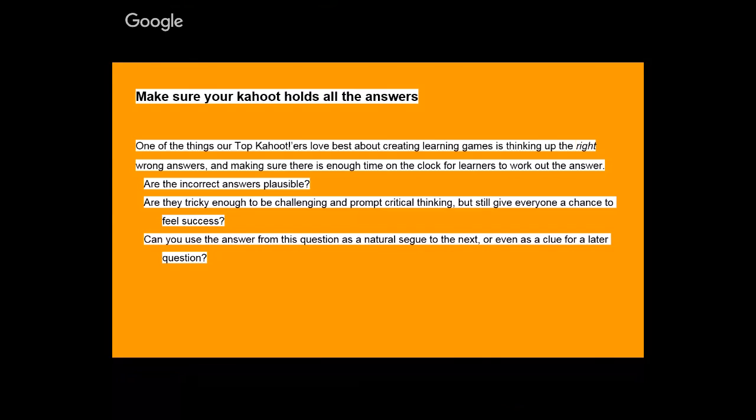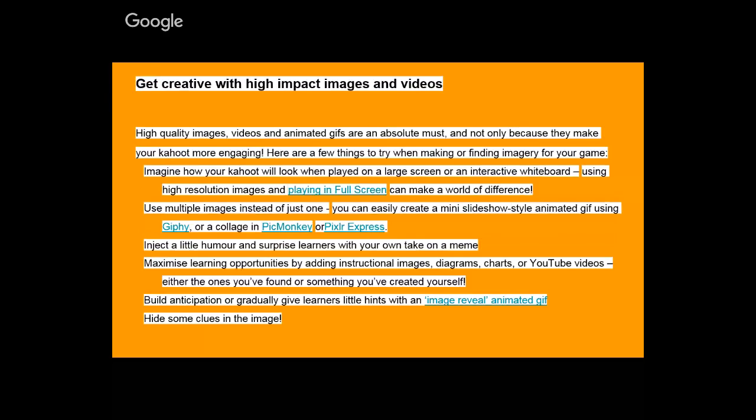But make sure that there are some of those critical thinking skills in your game so that the students have the takeaway that you want them to have. Okay, can you use the answer from any of the questions to create other questions later? Of course.